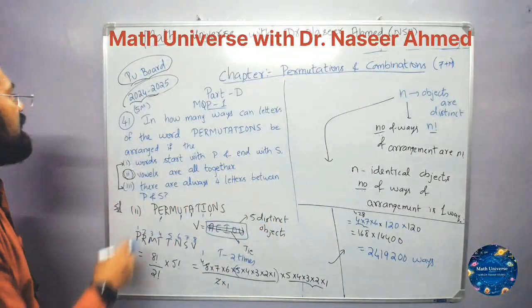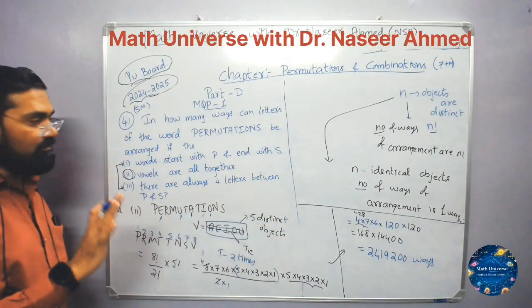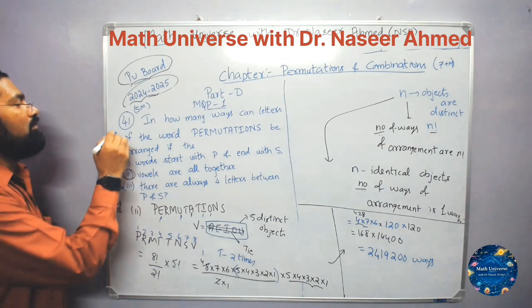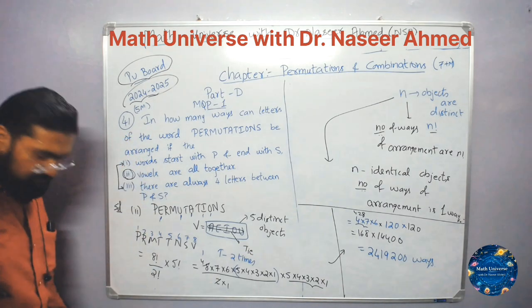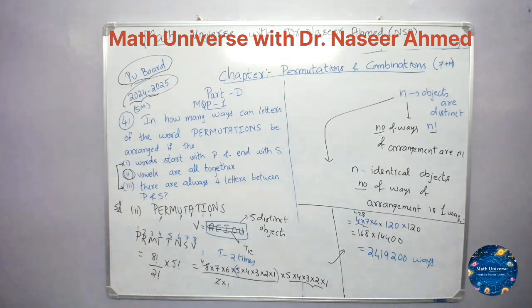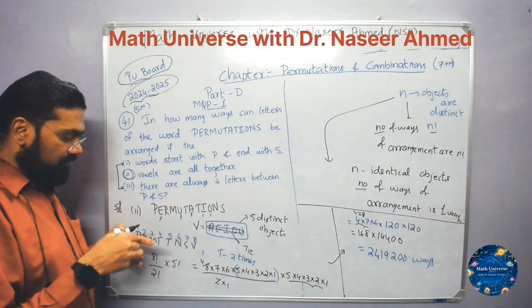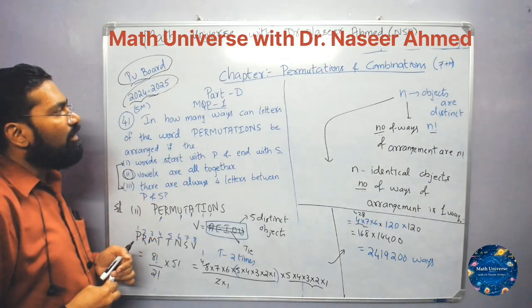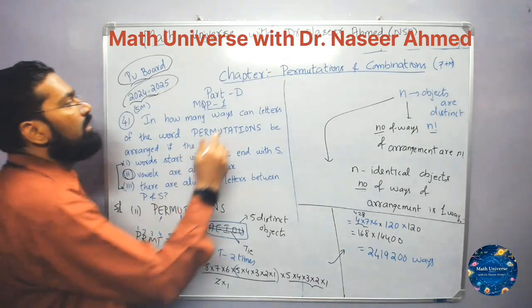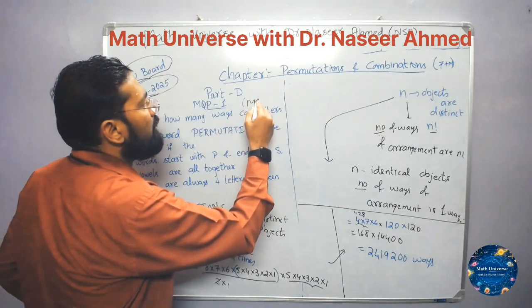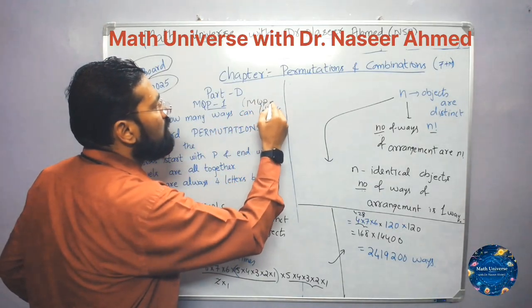And this was the 5-marker problem, completed. The same problem has also come in model question paper number 2.